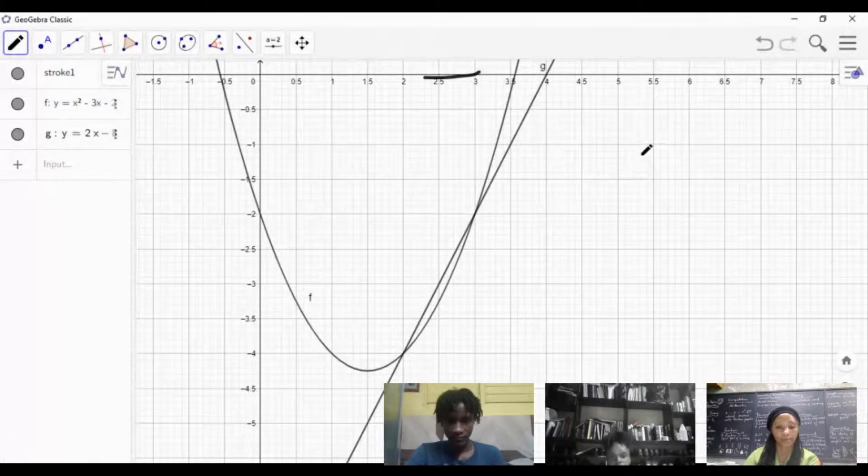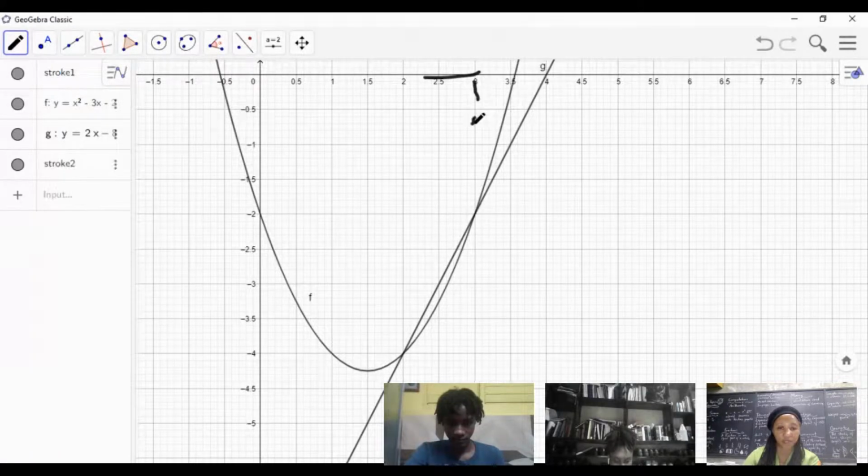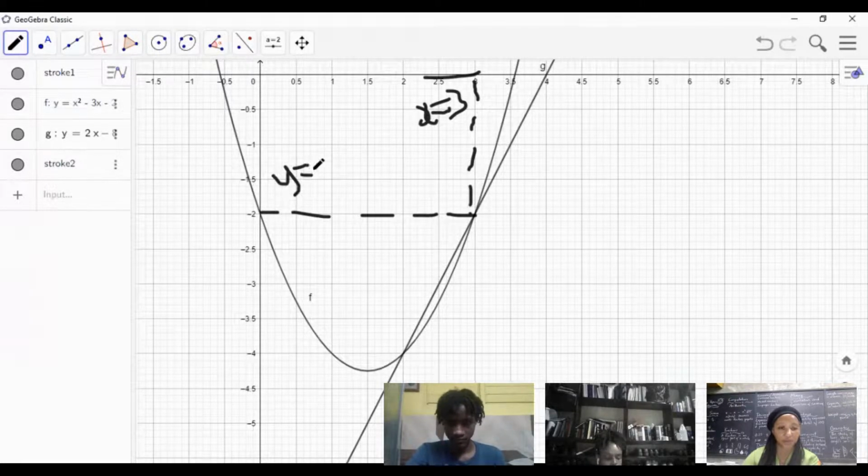Okay, miss. So the first solution, when x is 3, y is negative 2. All right. So this intersection goes straight up to x equals 3 and straight across to y equals negative 2.